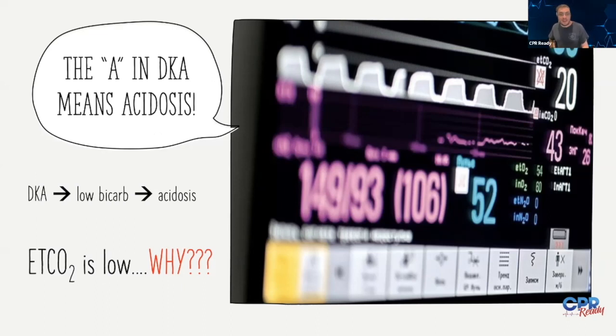And just like with sepsis, since the body can't produce enough bicarb to normalize that acid balance, the lungs get triggered to breathe faster. They start to blow off more CO2 to try and correct for that, and the end tidal CO2 becomes low. Again, they're breathing faster, or deeper, or both. They're exhaling an excessive amount of CO2 to compensate. So in a diabetic patient with high blood sugar and low end tidal, that's again almost diagnostic of DKA.